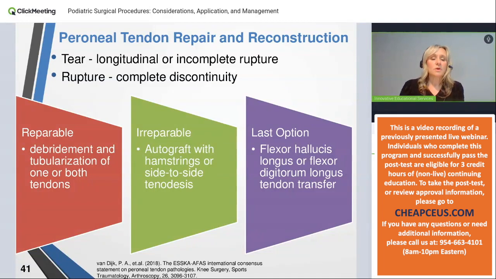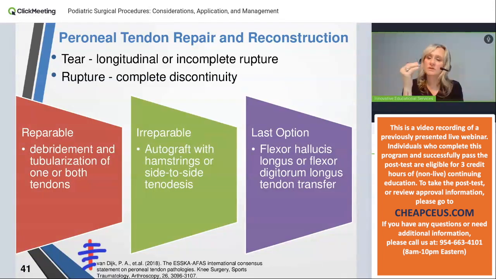If that's repairable, oftentimes the surgeon will go into the tendon that's torn longitudinally and suture it up with some horizontal type of stitching. This is referred to as tubularization. It's utilized kind of like a running stitch to hold that.